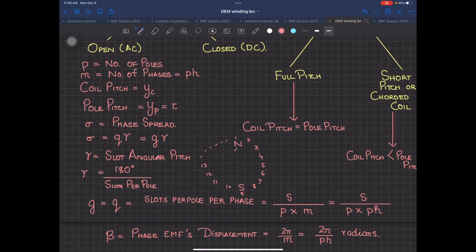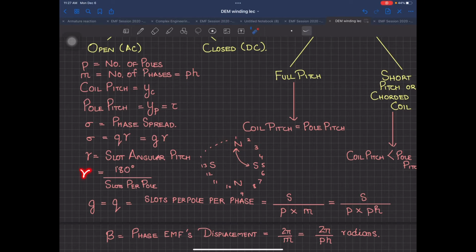So the electrical angle between north and south is 180 degrees. But even if this were a 4-pole machine, with south here, then north, then south, the angle between north and south is still 180 degrees electrical. So the numerator is always 180 degrees, and the denominator is slots per pole, which means how many slots are under one pole.